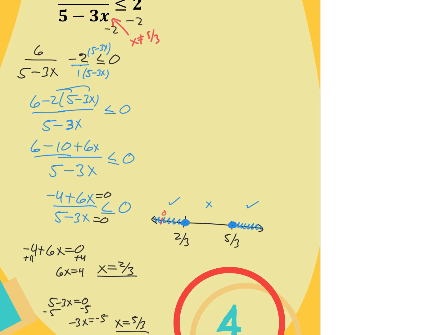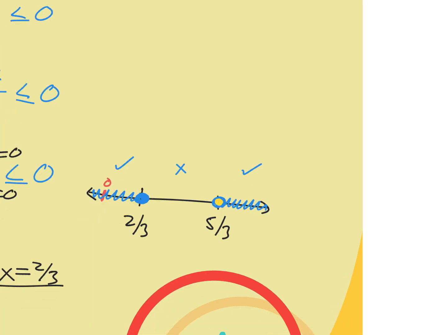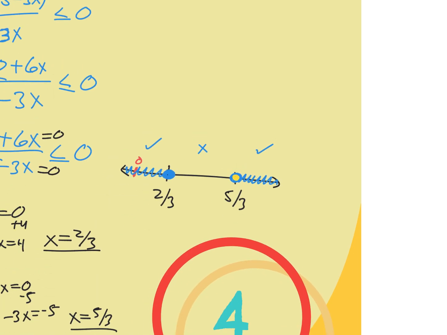So then I need to turn this closed circle into an open one. And so really my answer in interval notation is negative infinity to 2/3 with a bracket, union, the next one's going to have a parentheses, 5/3 comma infinity.